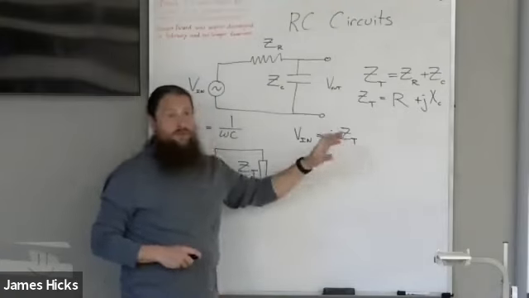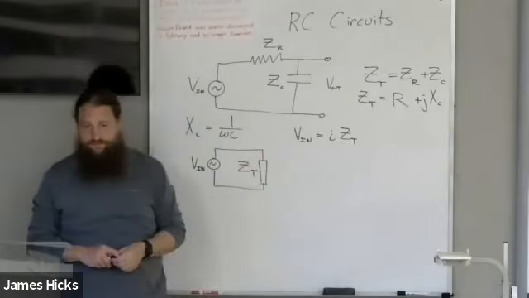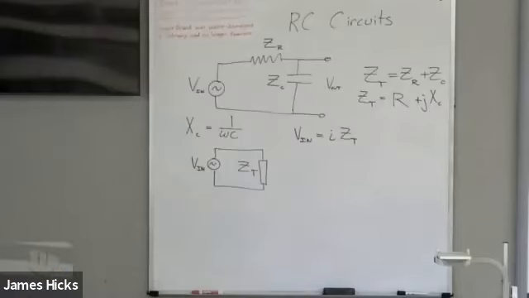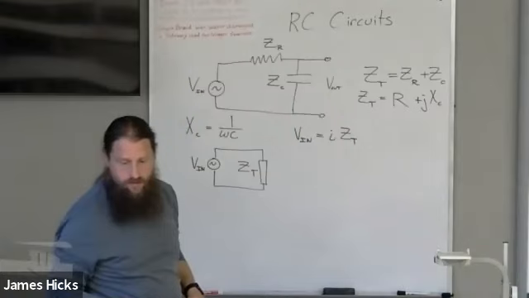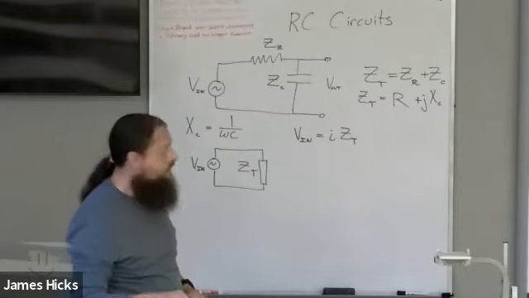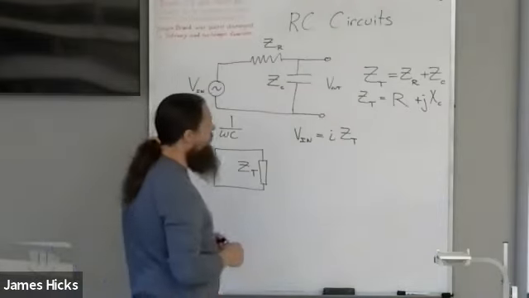V equals IR is what we usually did. Now we're doing V equals I times Z_C.